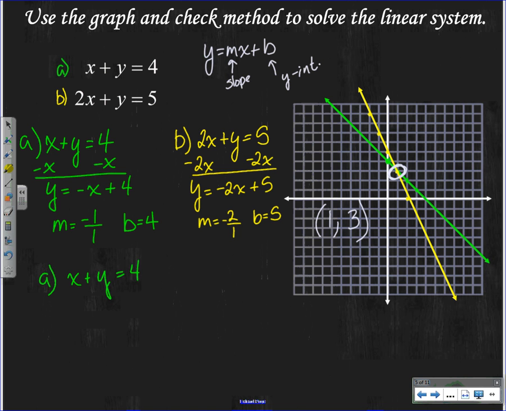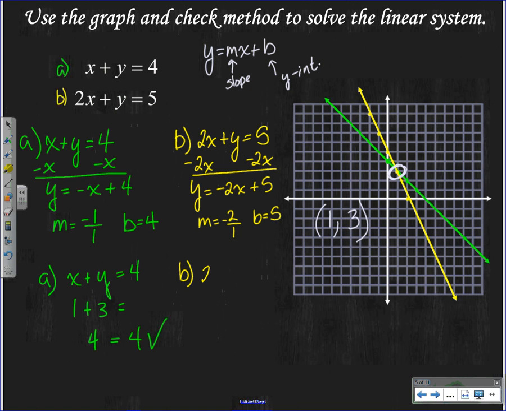Now you guys know I'm not going to check all of them because we want to move this along, but you're going to have to do that on your homework. I just want to point that out. So x is 1, y is 3, 1 plus 3 is 4, and 4 equals 4. Correct.